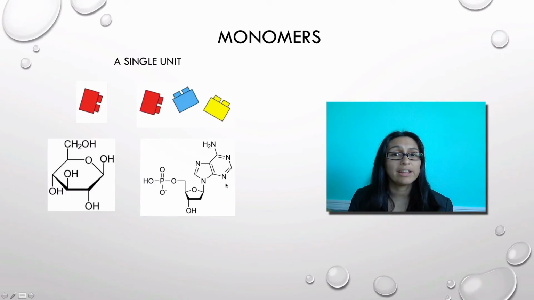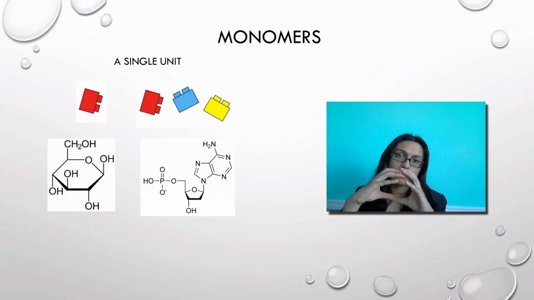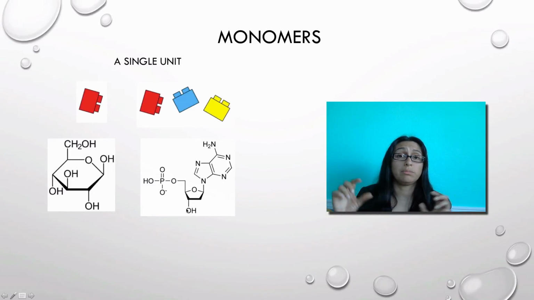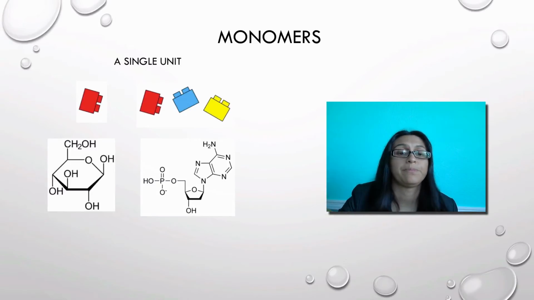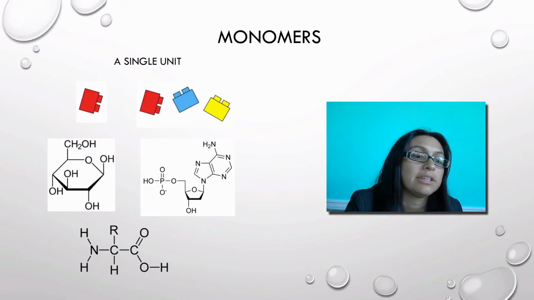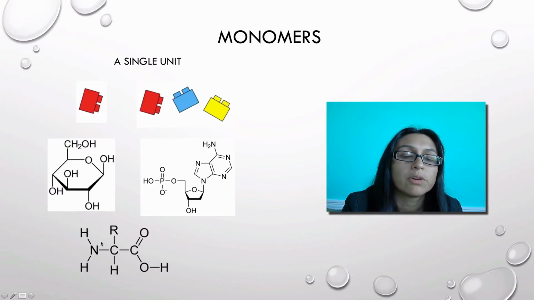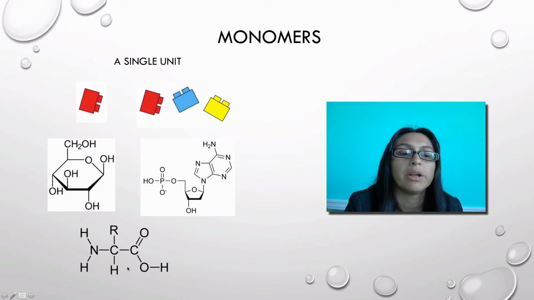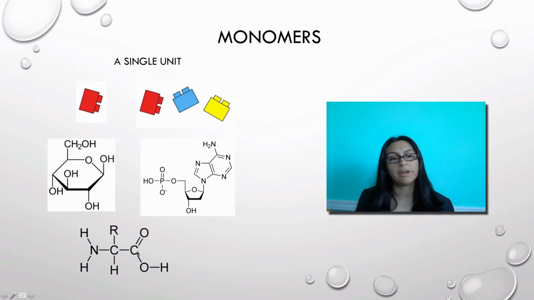Looking at it, you're like, that looks like a whole bunch of different pieces all put together. But all of those pieces together is considered one single unit, one monomer. And we could connect other similar units like this together in order to build a nucleic acid. This here is the monomer for a protein. We could connect this to other similar monomers and we can actually build a protein from that.